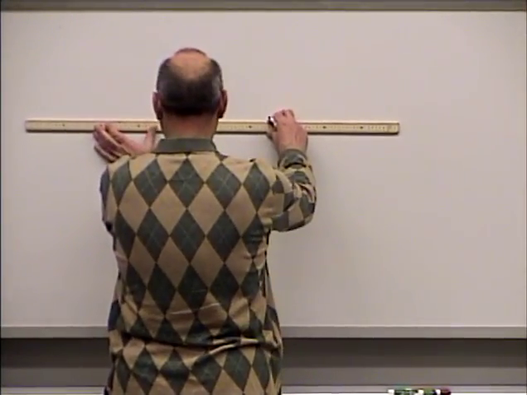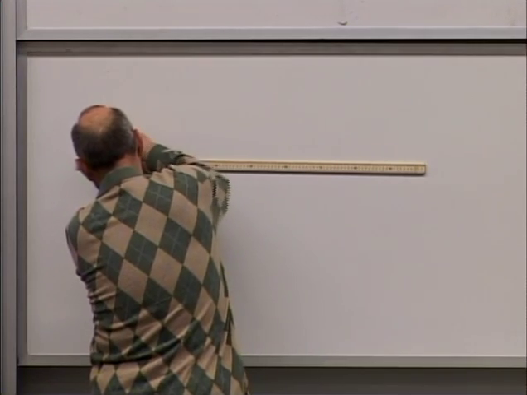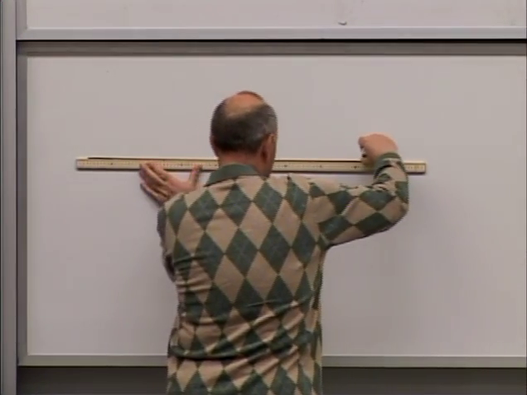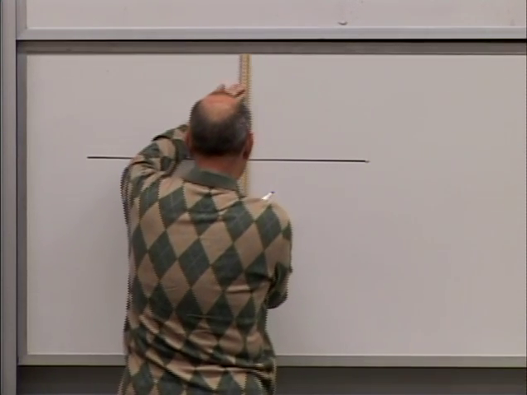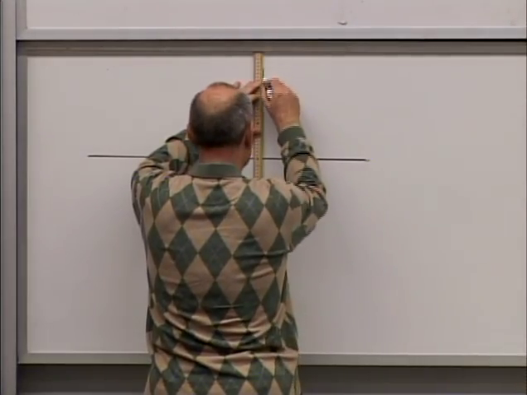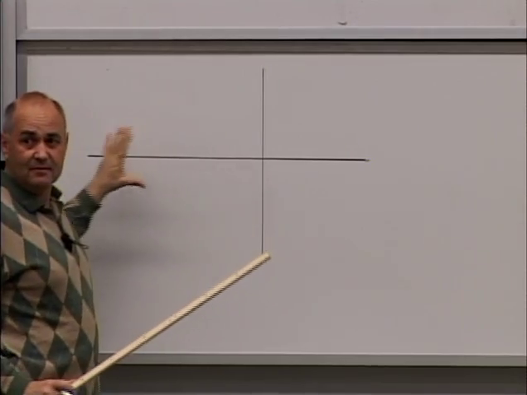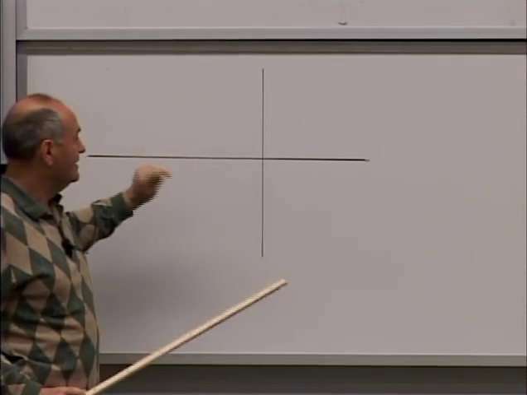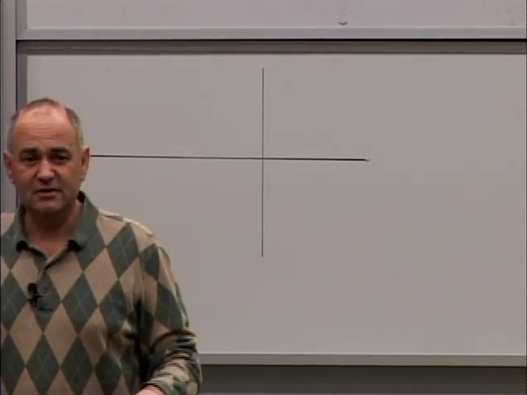the relative position of the object with the position of the image. Let's say that I have a convex mirror here. This is the plane of the mirror, and let's say that light is coming from the left-hand side, and I now want to have a virtual object.